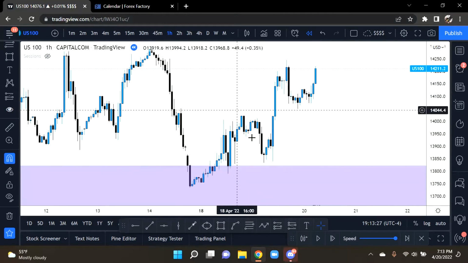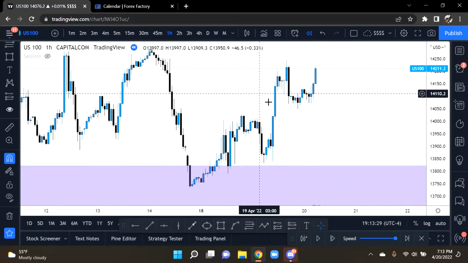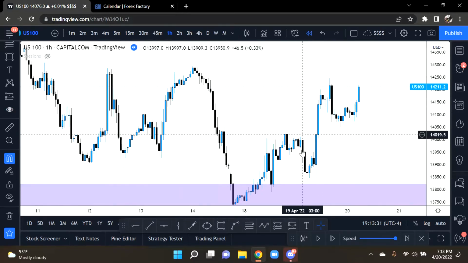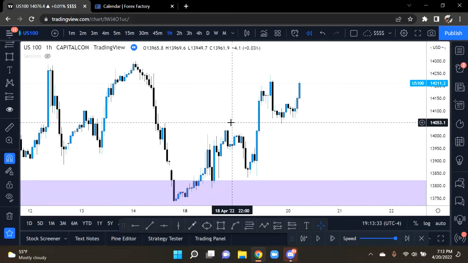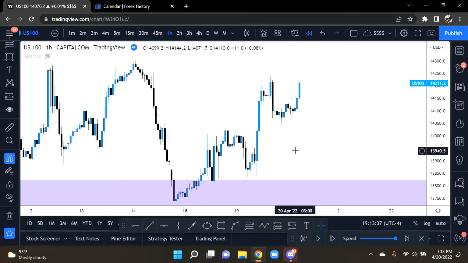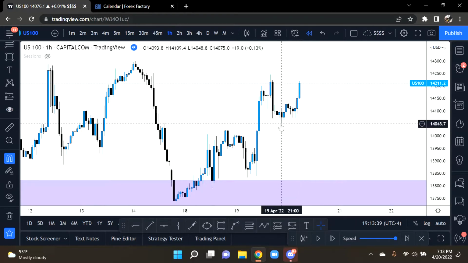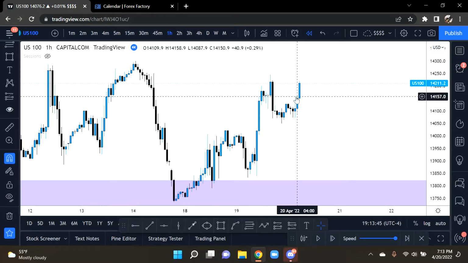Since I understand that I'm looking for price to be bullish, I'm expecting the lows to get taken, or whenever price trades lower, to find setups on the smaller time frames for a buy. And that's all you need to know when it comes to this.